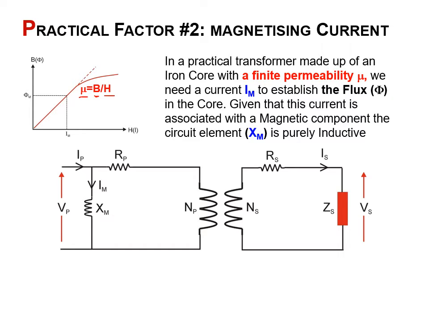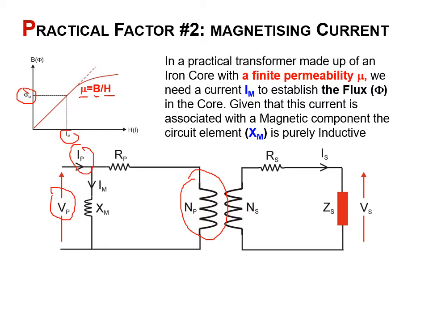And this magnetic field H is generated from a current. So for example, we have a voltage source here and a primary current, and that primary current sets up a flux, and that flux density can be found from this BH curve, and that's a finite value.